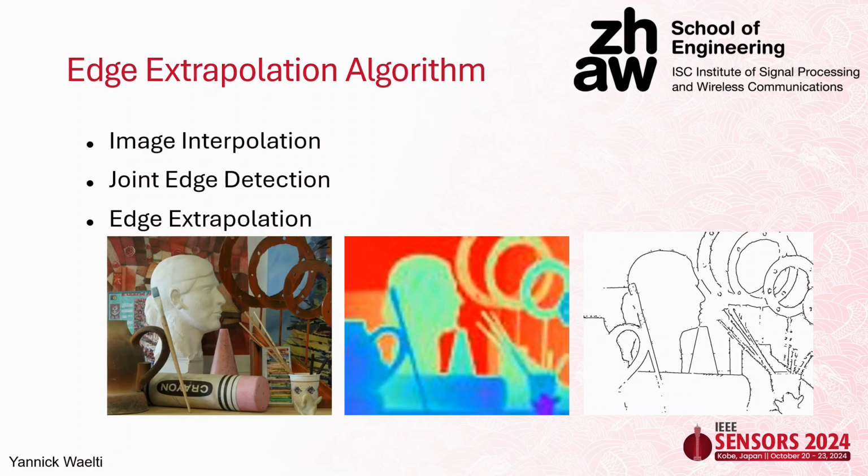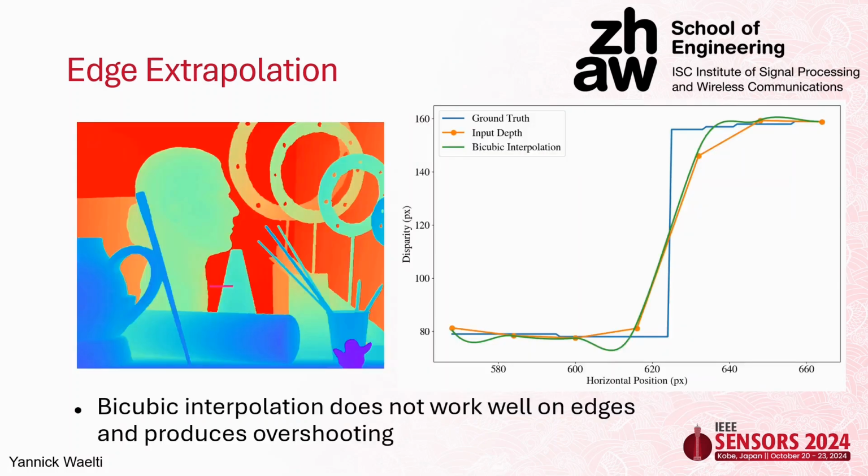A typical example of that is text on a surface, like this crayon here has text on it, but we don't want an edge in our edge map because the depth values are the same across that surface. So we do a joint edge detection to get only the edges that are relevant in the depth map, but that are also sharp. And then the next step would be edge extrapolation, which I'll explain here.